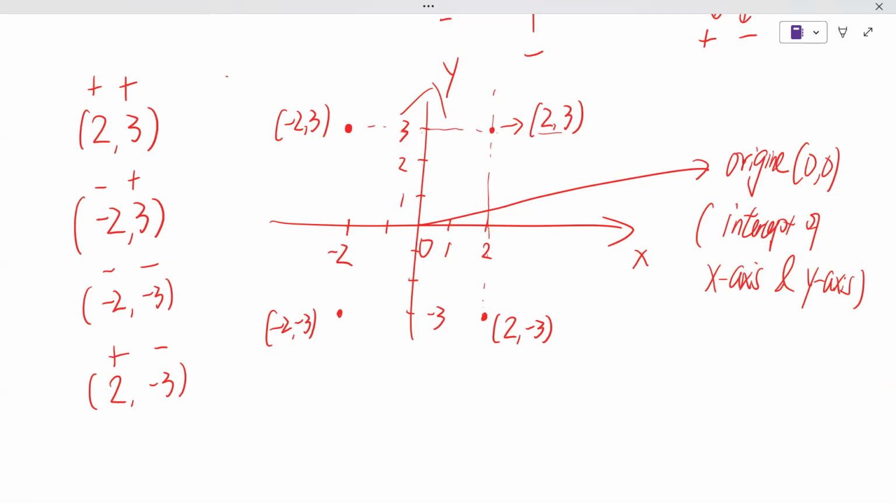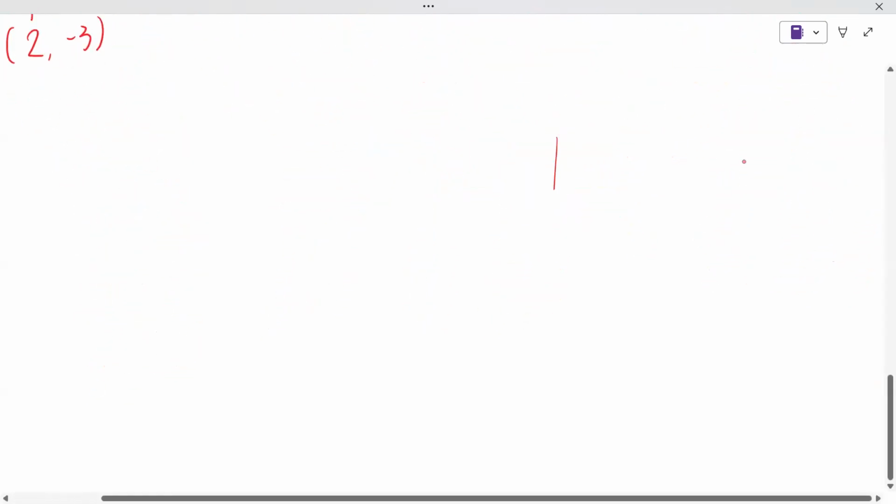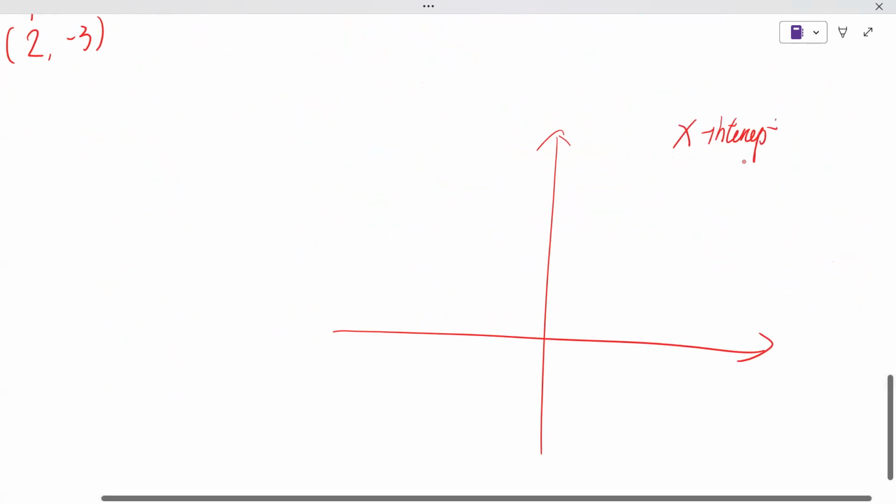We also have the x-intercept and the y-intercept. For all x-intercepts, the y value is 0. Let's say we get (-3, 0). That means it's located on the x-axis, the x value is -3, and y value is 0.